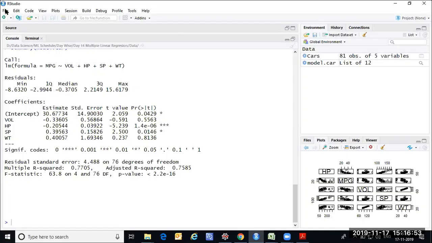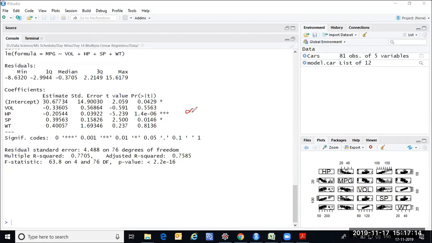What do you check? Based on the p-value, right? The probability value. What are these probabilities? The probabilities are nothing but the chance of going wrong. Okay. So we need to compare these p-values with the alpha values.